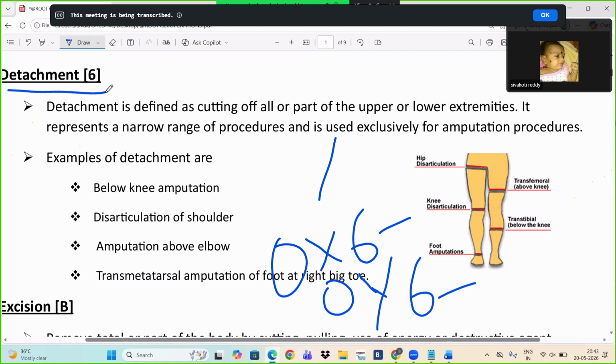If you observe under the detachment heading in the book also, you will get all the extremity related body parts. Go through the detachment heading in the index and check under detachment.